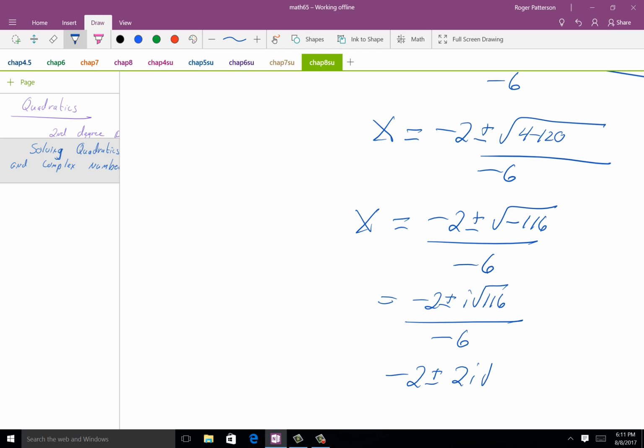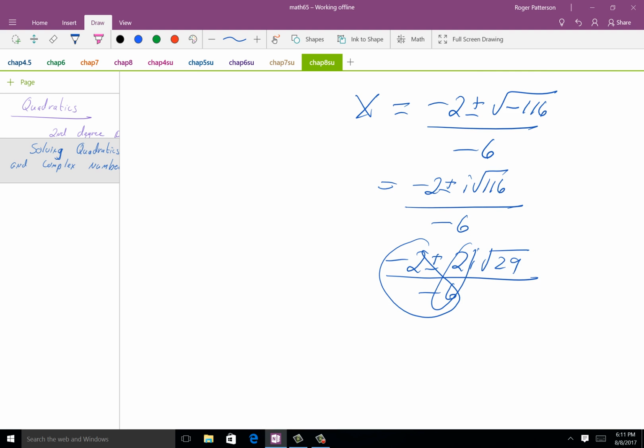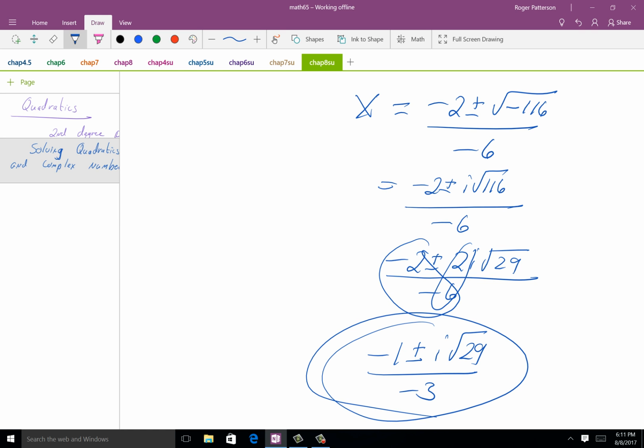Gosh dang it. And now I should reduce this, and reduce this.